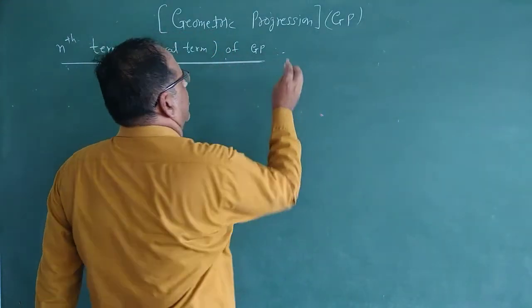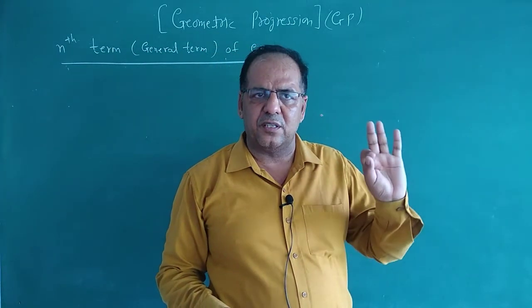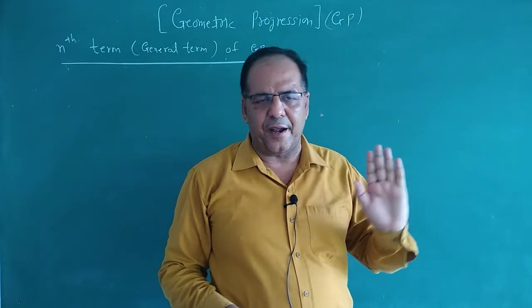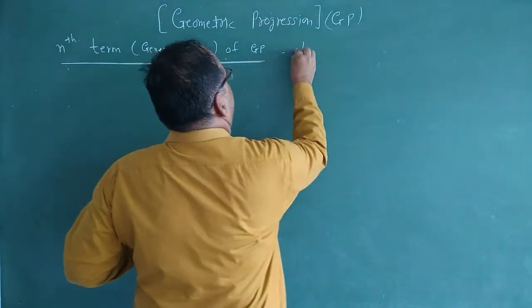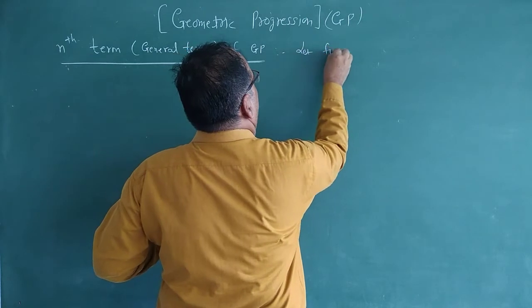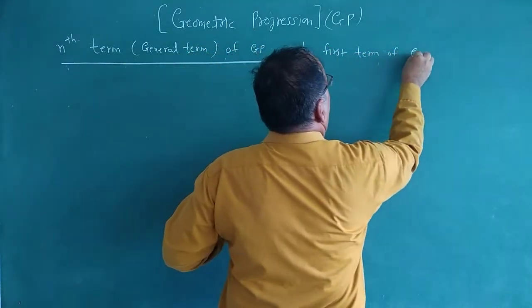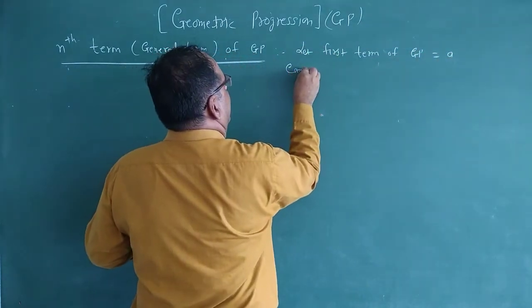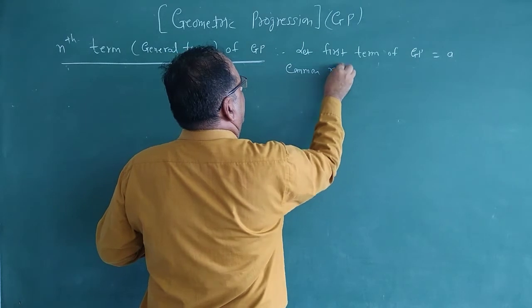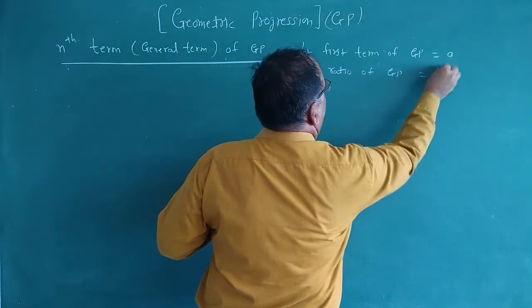First, two main things are necessary to form a GP: the first term of GP and the common ratio of the GP. So let the first term of GP equal A, and the common ratio of GP equal R.